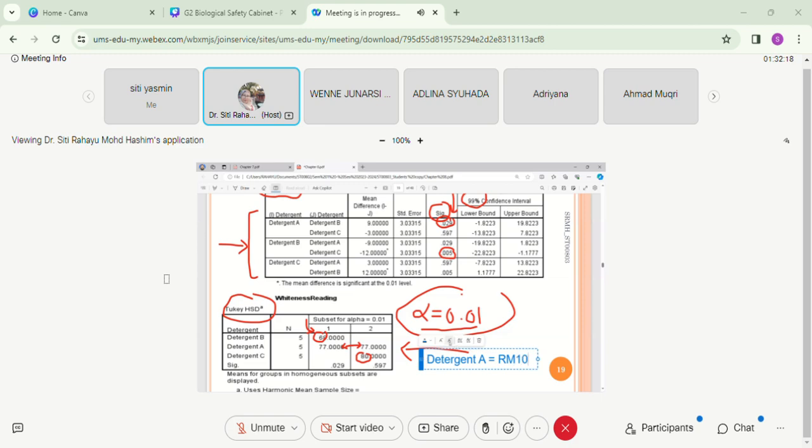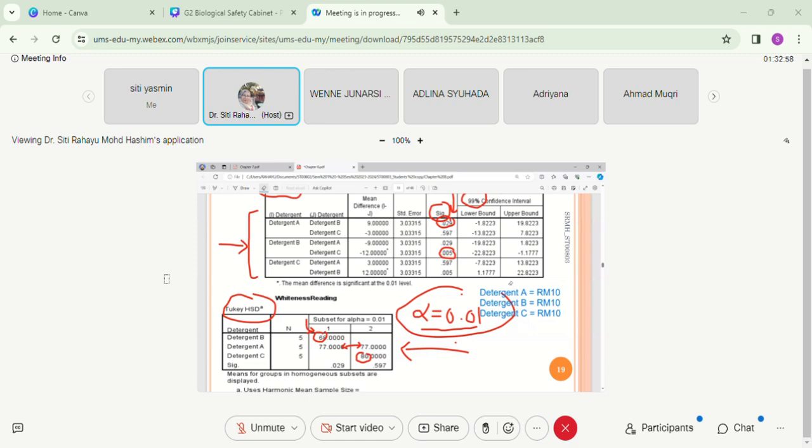Just an example. Detergent B is also RM10. Detergent C also RM10 per kilo. So the price is the same.